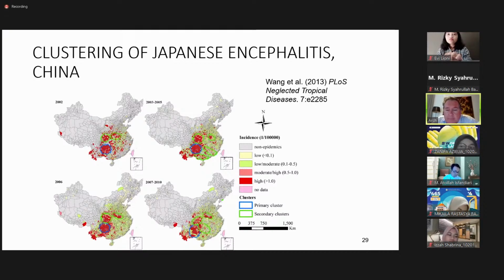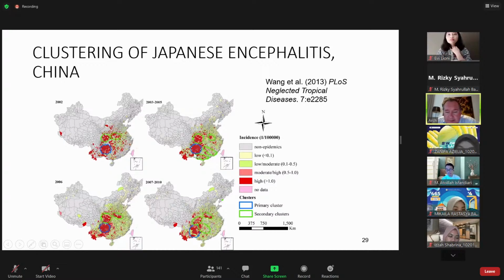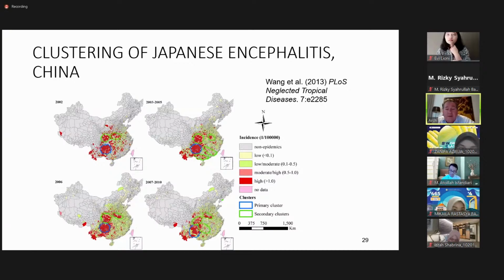This is incidence of Japanese encephalitis by county over 4 different time periods. We've used a statistic called the spatial scan statistic to identify and quantify statistically significant clusters of disease risk. The scan statistic identifies a primary cluster indicated by the blue circle and secondary clusters indicated by the green circles.